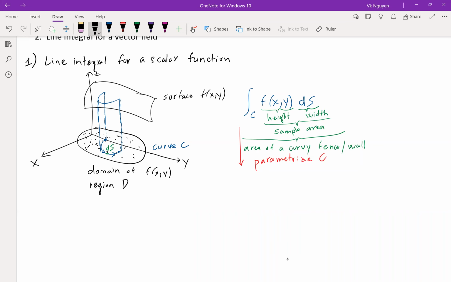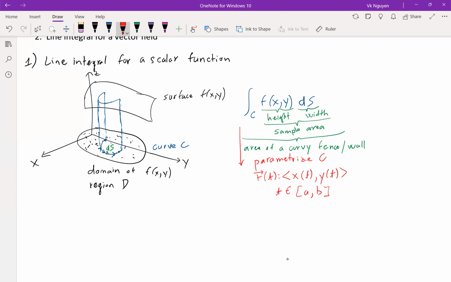So our curve is going to be the vector (x(t), y(t)), and t here goes from some number a to some number b.